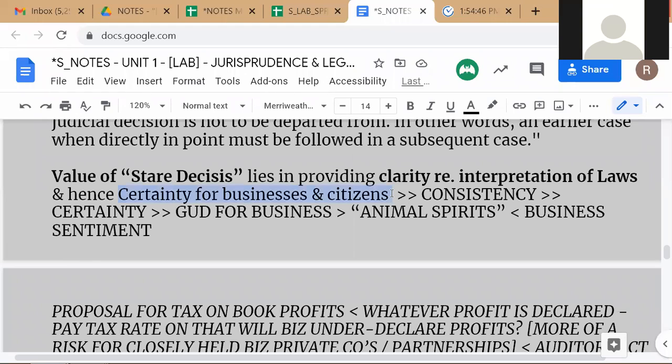Obviously, if we know, for instance, that there is a ruling in tax law which says that any unrealized profits shall not be counted in taxable income, so you could have all kinds of unrealized profits in your property, or you could have shares which you have not sold. If we know for sure that these are not taxable until you actually sell it, then this gives businesses some kind of clarity, and they can actually plan based on this.